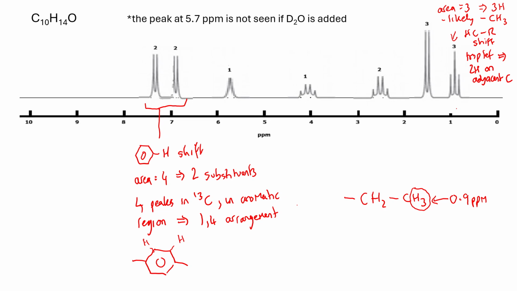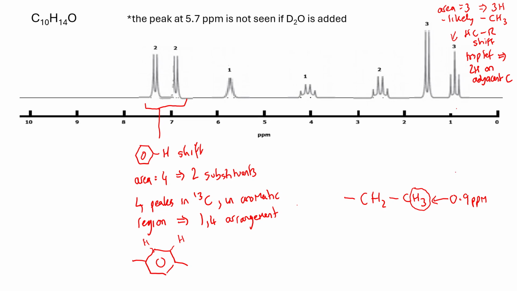The question then is, where is the peak from the CH2 here? And scanning through the spectrum, the only place it can be is this peak at about 2.5 ppm, because the other ones are either these aromatic ones, which obviously we've already accounted for, or they have the wrong areas. So the CH2 must be that one.